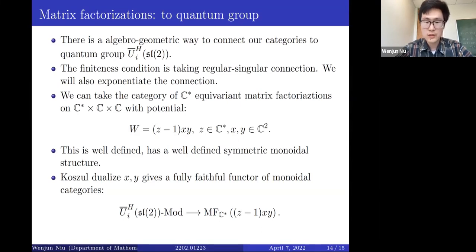So in conclusion, one actually has a really nice functor from this quantum group category to matrix factorizations, and we should check that this preserves the monoidal structure for both sides.